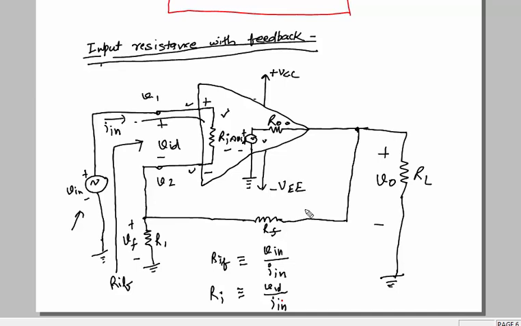These are the definitions of the input resistance with feedback and without feedback. Based on this I can write I in equals VID by Ri.